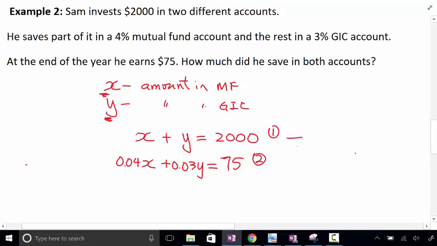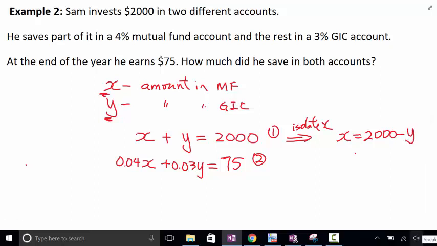So what I'm going to do here is I'm going to isolate x in this case. Okay. Now what do you get then? X is equal to 2,000 minus y. And I will call that equation number 3.